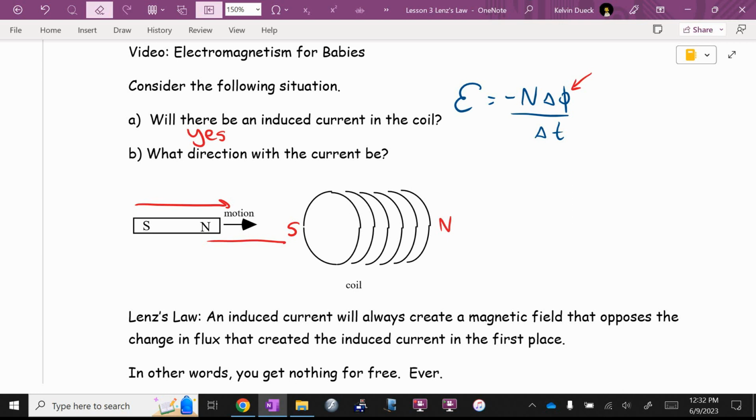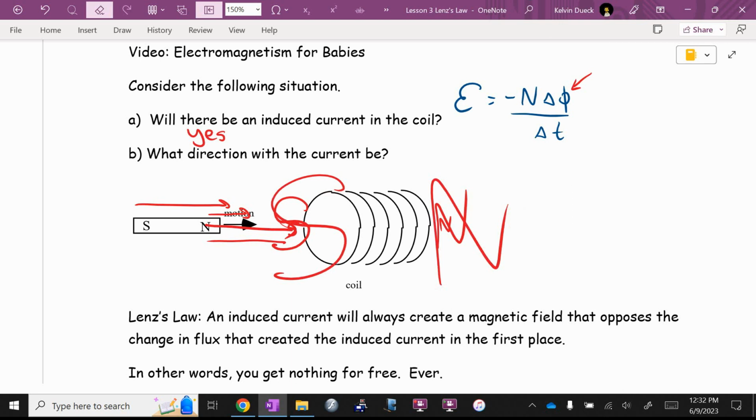So unlike poles attract, which would pull this even faster, which would change the flux even faster, which would make this magnetic field even bigger, which would make your induced current even larger, which would pull this in even faster.